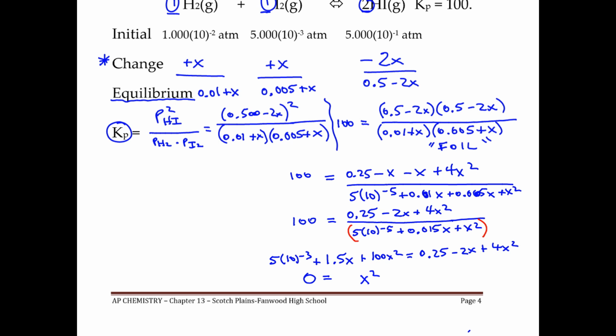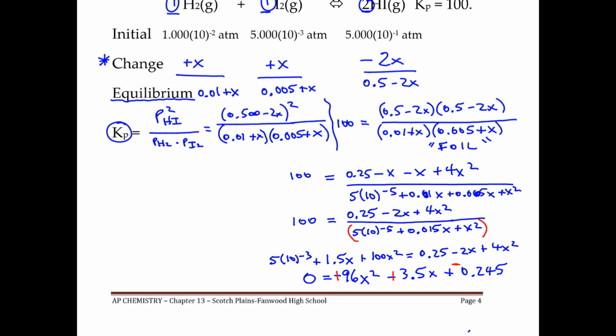So this is going to be -96x squared minus 3.5x plus 0.245 as my constant. And then if you want to start it off with a positive, you could multiply everything by -1. So this becomes positive 96x squared, positive 3.5x, and negative 0.245.